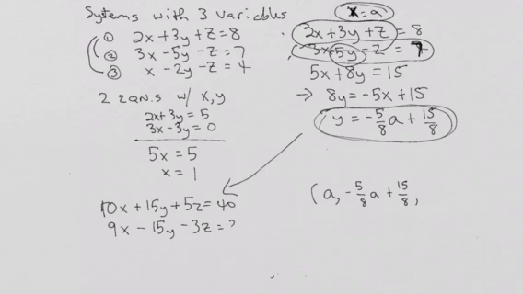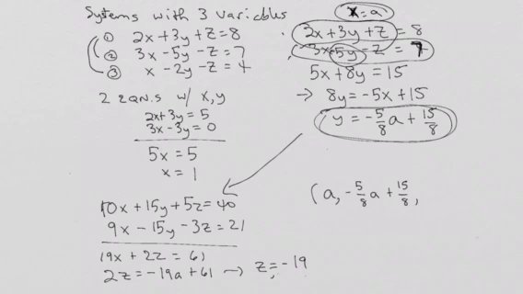And that's equal to 21. Now I'm going to add those two together, and I get a 19x. The y's disappear. Plus 2z equals 61. And then I'm going to subtract 19x from both sides, and I get 2z equals minus 19. I'm going to go ahead and switch that out and call that a, plus 61. And then that gives me z equals minus 19a over 2 plus 61 over 2.